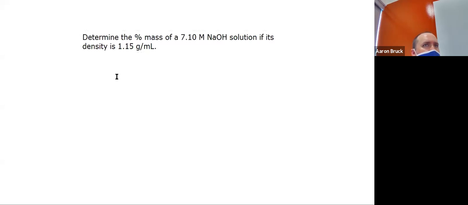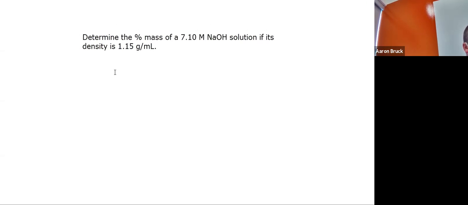So this time I'm not omitting anything. The only way that you can solve these kinds of problems is you have to have a density. But the way that we solve it is pretty much exactly the same.